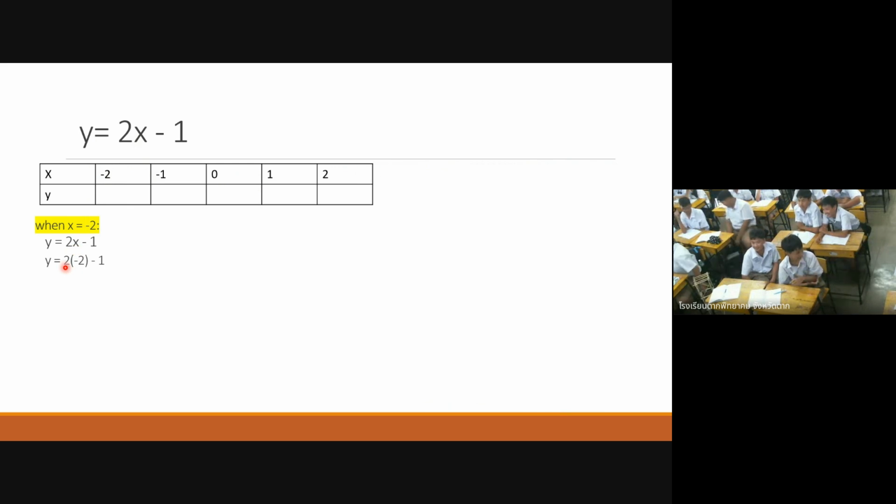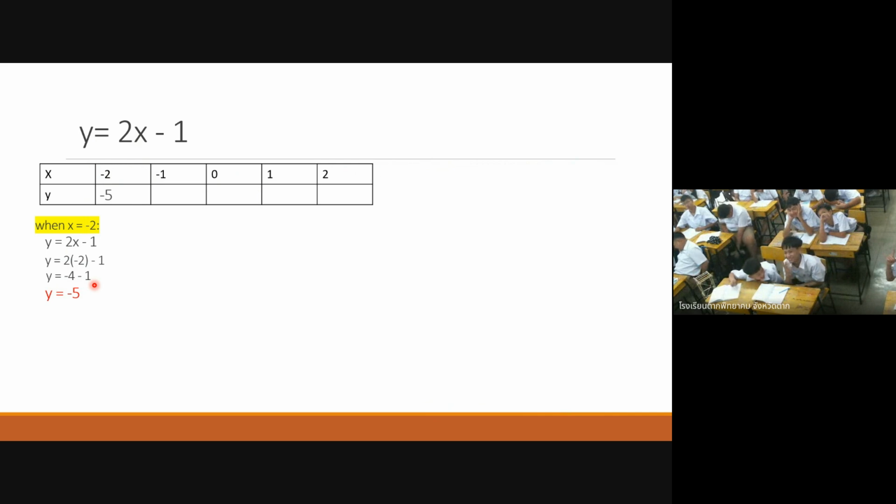Now, everyone, 2 times negative 2. Negative 4. That's why you're going to have here negative 4 minus 1. And what is negative 4 minus 1? Negative 5. Meaning when x is negative 2, the value of your y is negative 5.